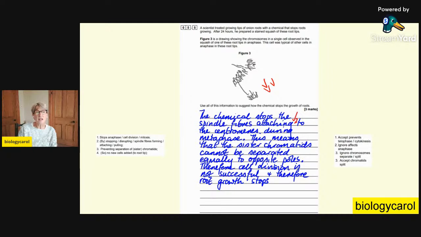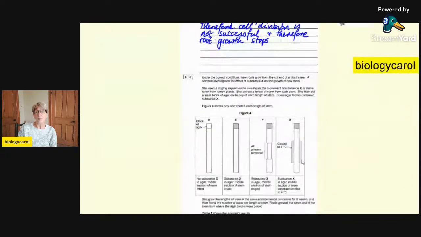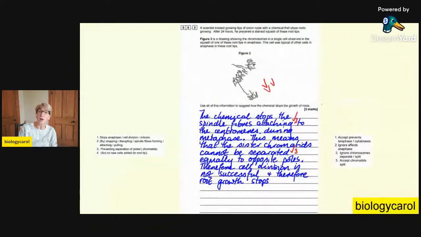And I also said that the sister chromatids couldn't be separated. And I think that was the final mark. I only got 2 out of the 3 marks because I didn't go on to say that final clinching point that no new cells are added.